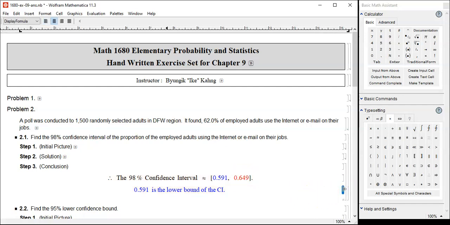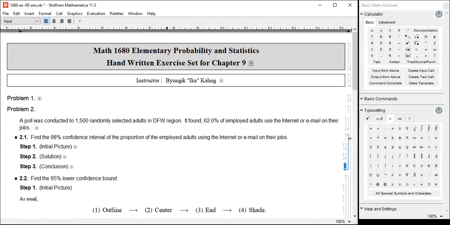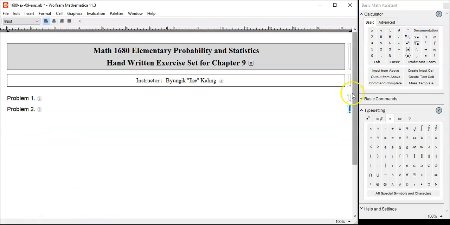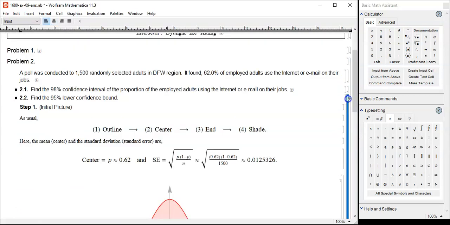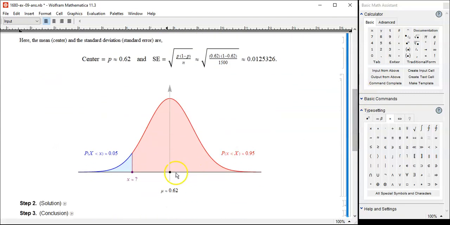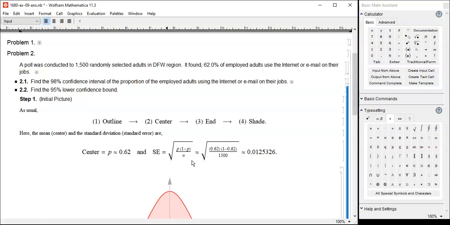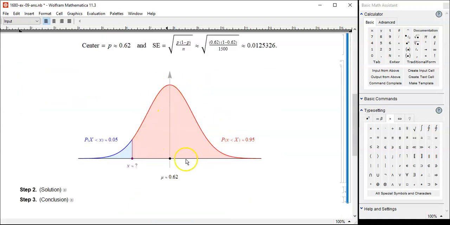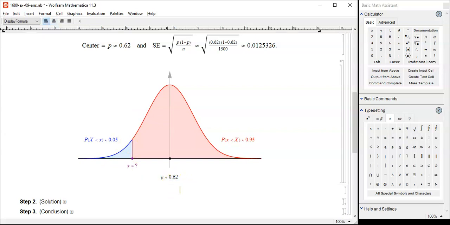Now, upper confidence bound and lower confidence bound, they are different. They are not coming from the symmetric shading. They are coming from asymmetric shading like this. 5% here, 95% there. So 95% lower confidence bound, 95% is a majority, and lower part is 5%. How do I get that?